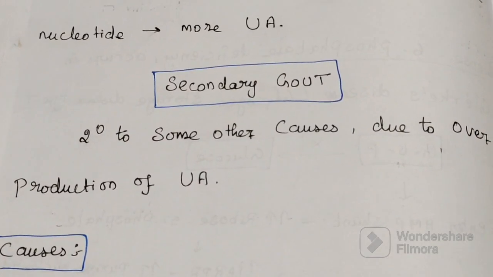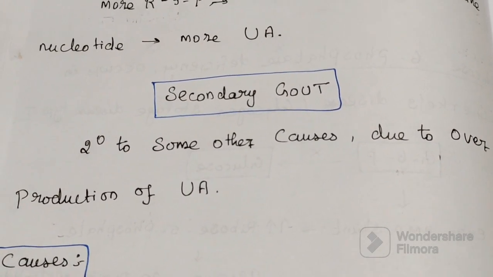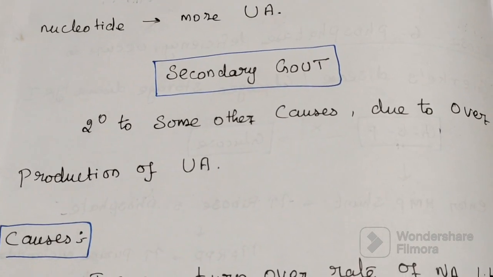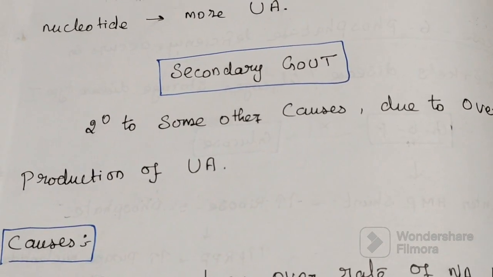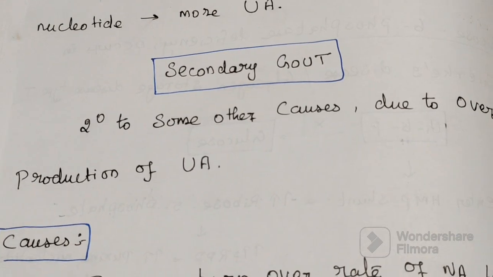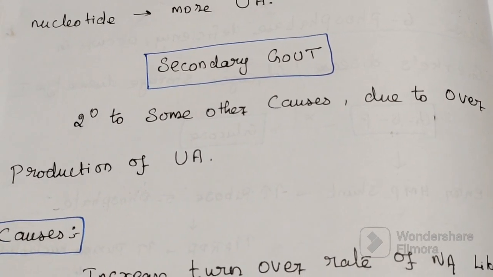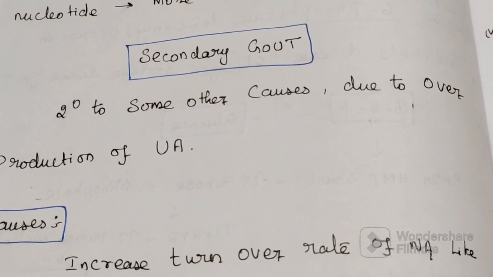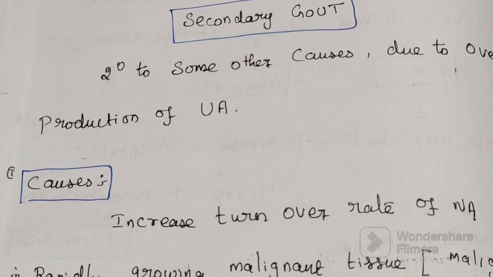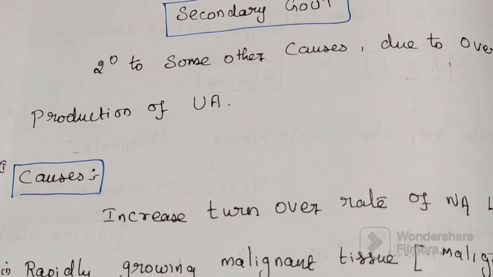Next, secondary causes of gout. Secondary means secondary to some other causes. It may be due to overproduction of uric acid. What are the causes?